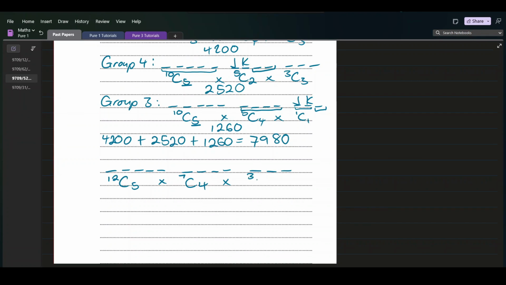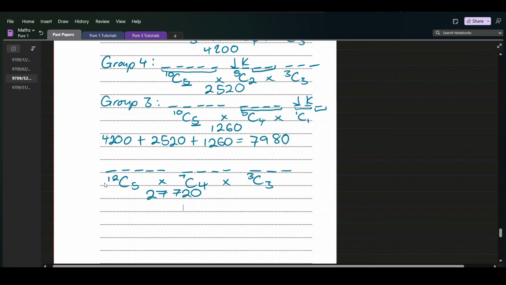And now only 3 people remain for 3 slots. If we punch that into the calculator, that's 12 choose 5 times 7 choose 4 times 3 choose 3, which gives us 27,720. These are the total number of selections when there are no restrictions.